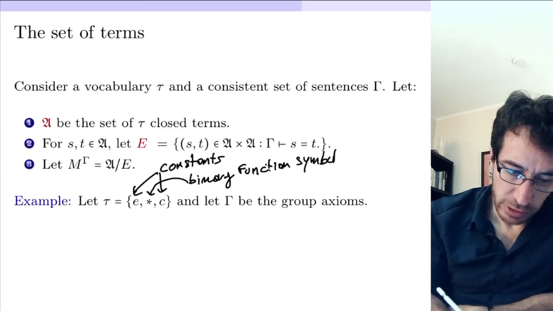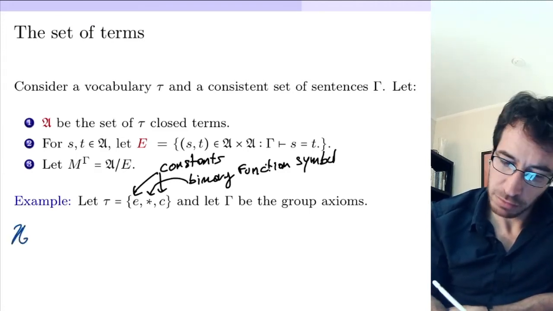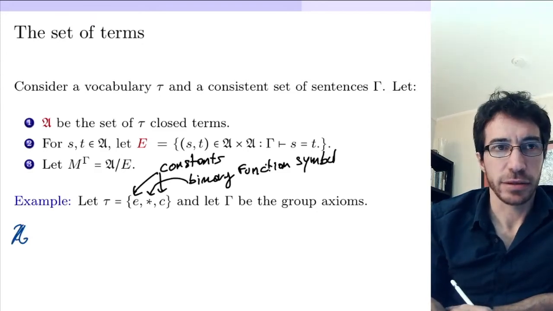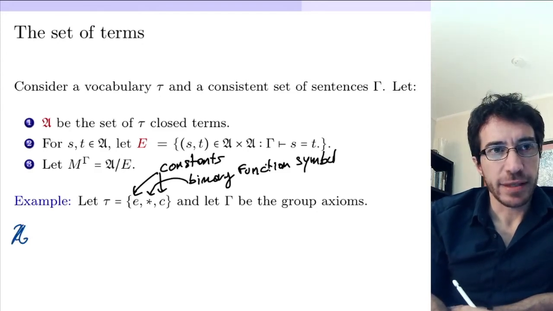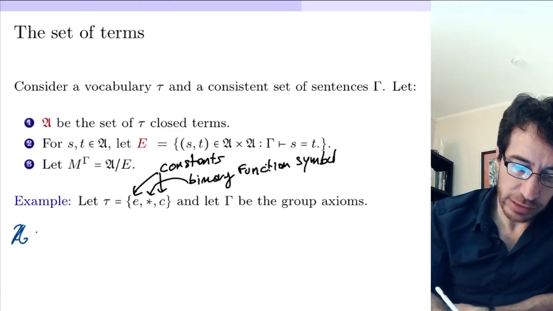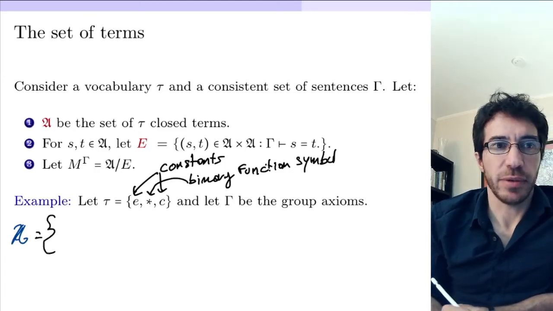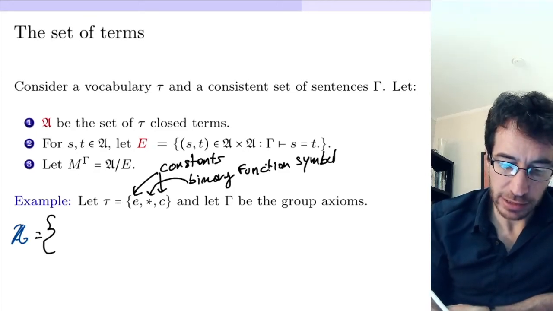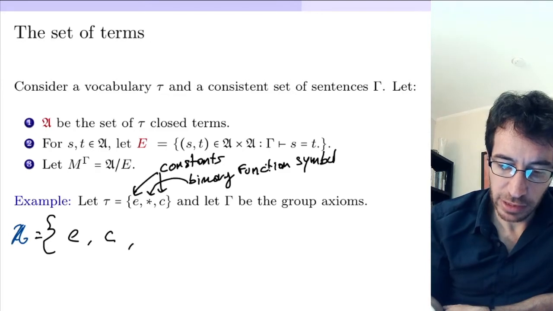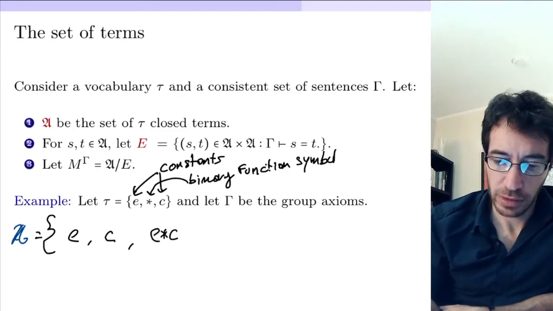Let's first consider the set of closed terms. It's hard to list them all, but let's just write a bunch of terms that we have. So E is a term. C is a term. What else do we have? E star C is a term.